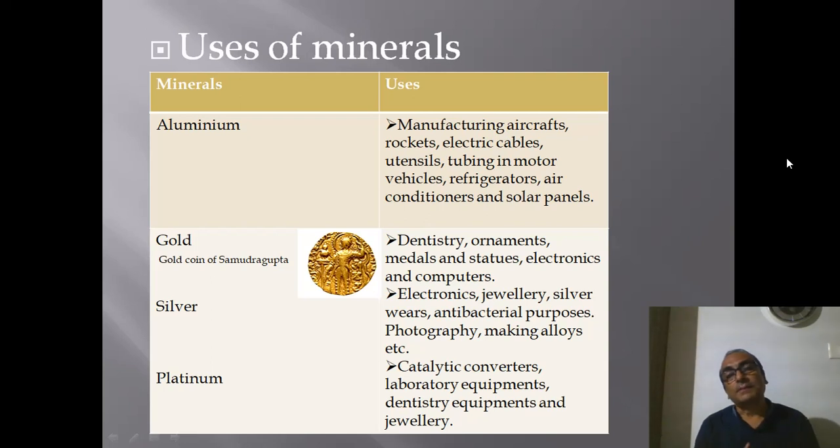Next is platinum. Platinum is also a very, very precious element, a metal which is used in the catalytic converters to control the air pollution occurring due to the vehicles and motors. Then in laboratory equipment, especially in dentistry equipment, platinum is used, and also in jewelry.